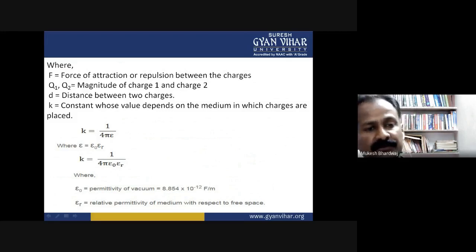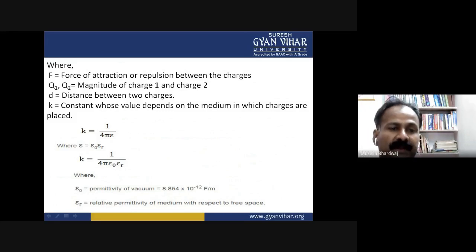So it can also be written as k equals 1 by 4 pi epsilon naught epsilon r, where epsilon naught is known as the permittivity of vacuum, which equals 8.854 into 10 to the power minus 12 F by m, and epsilon r is the relative permittivity of the medium with respect to free space.